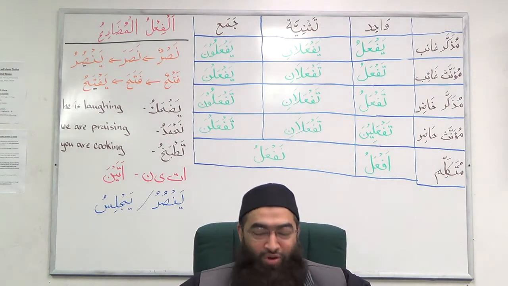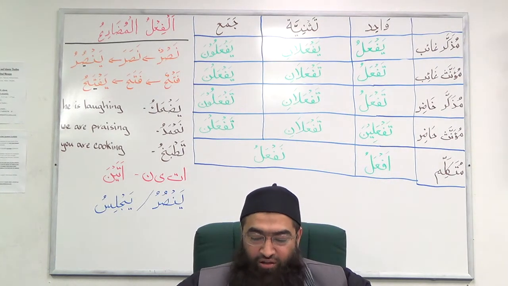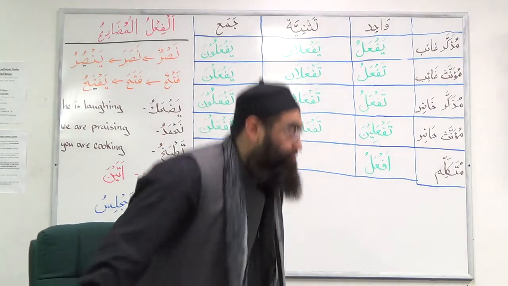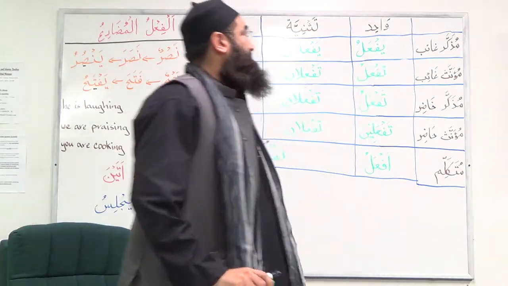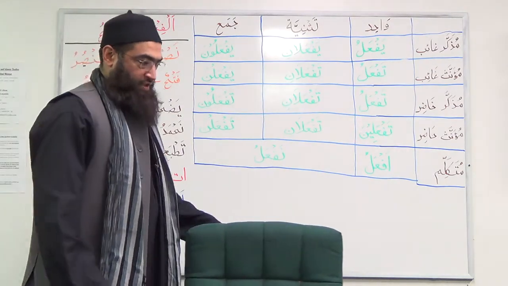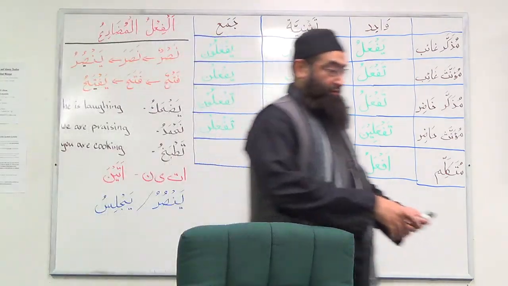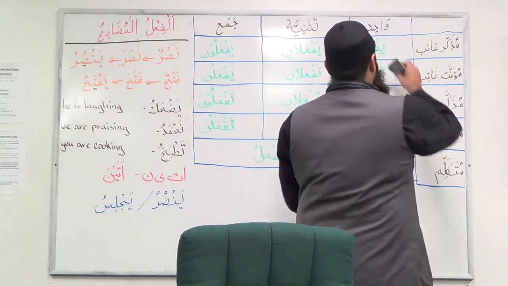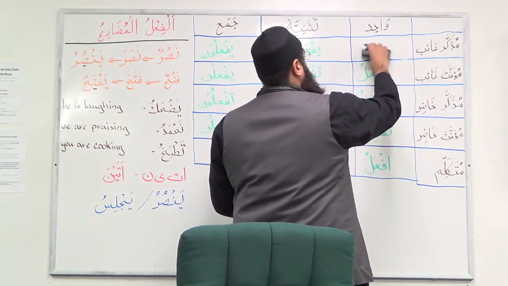All right, give me any word. All right, so it means to hear. Let's go through this one a little bit. Yasma'u, that one man, or let me change it. All right, let's make it brown. Brown looks pretty good on the board too.